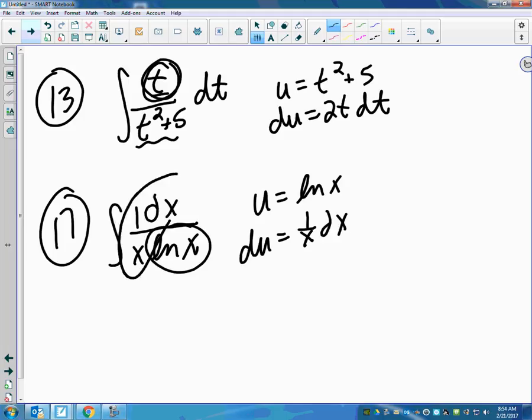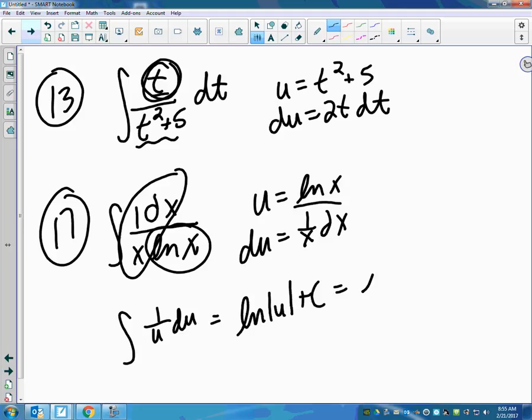All of that is your du. So you can say that that's just the integral of 1 over u du. So that's just ln of u, and u was ln of x, so we can say the ln of x.